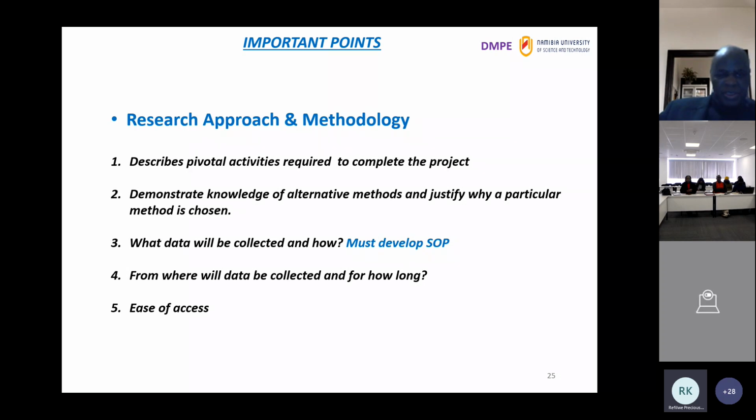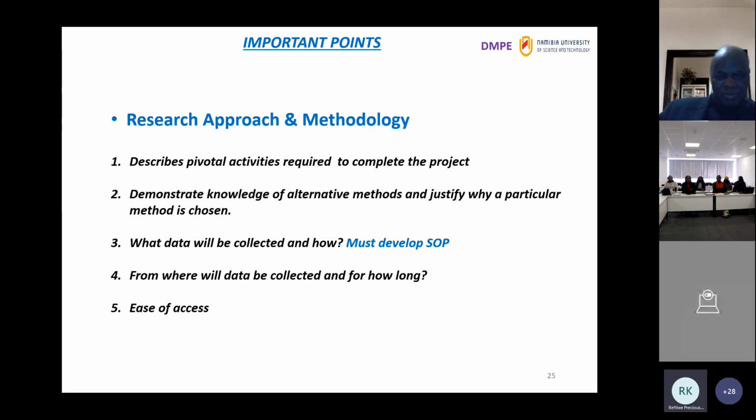You need to anticipate from literature review what others have done, what kind of data will be collected and how. And if you're going to collect data, whether doing experiments or designing a questionnaire for the population in Namibia, or for example, people in Windhoek to answer, or a sector of the community, you have to develop what we call SOP, Standard Operating Procedure.